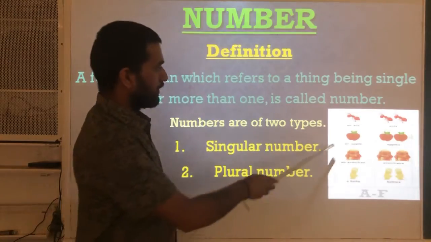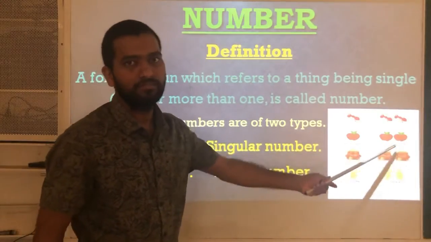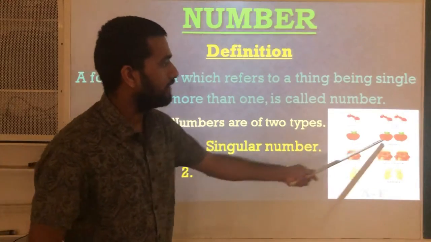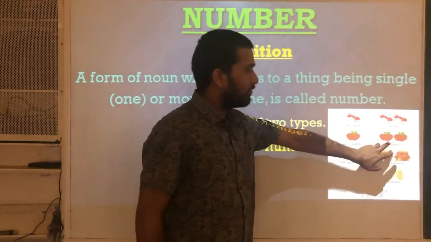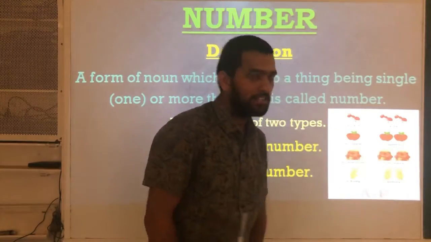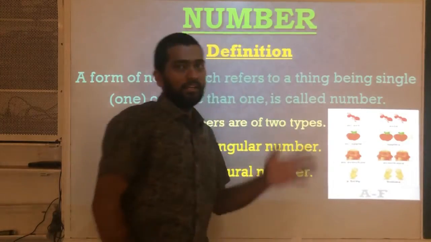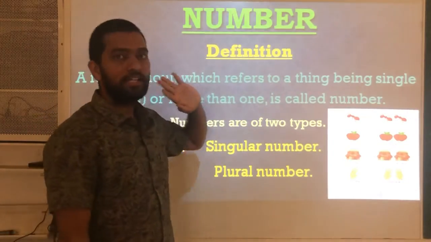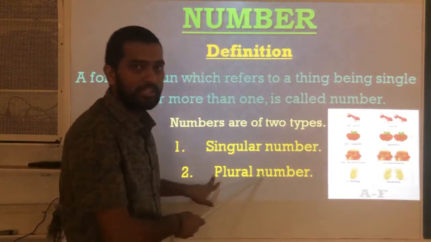Okay? Next, look at this. This is an apple. Yes sir? And there are apples. So this is singular and this is plural. Here in this diagram there are only two apples. If there are 3, 4, 5 or any number and so on, then also we consider that as a plural number.